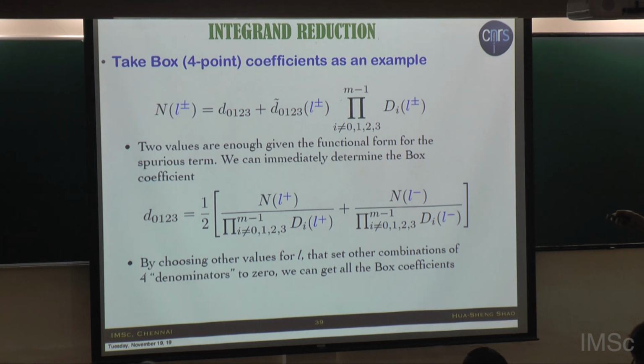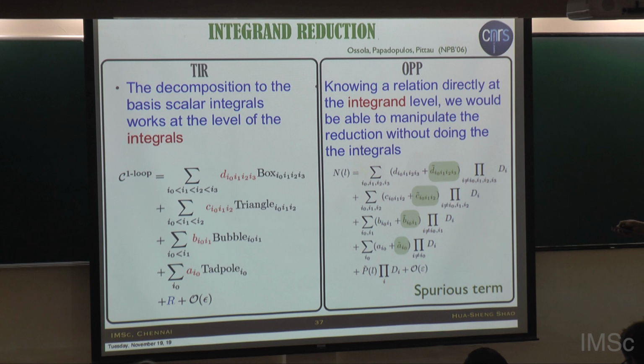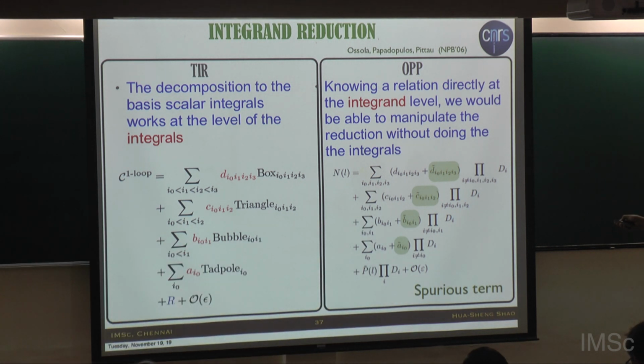You can choose some complex value to make sure that your L plus is exactly equal to 1. What does it mean? This means only d0, d_i0, d_i1, d_i2, d_i3 are non-zero. All the others are 0, because you must exclude 3 of them, so all the other terms are 0.